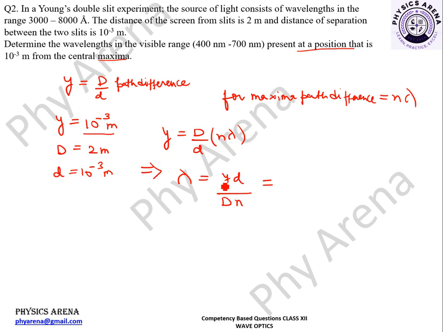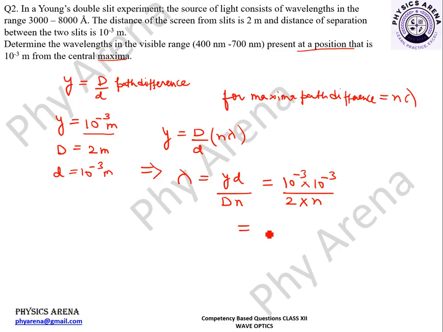We can use the values given to us. y is 10 to the power minus 3, small d is 10 to the power minus 3, capital D is 2. So I can write 10 to the power minus 3 multiplied by 10 to the power minus 3 divided by 2 multiplied by n.